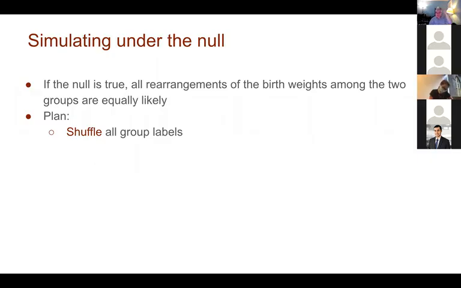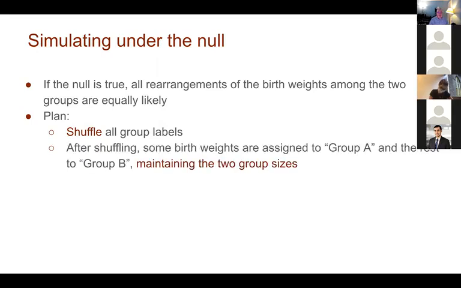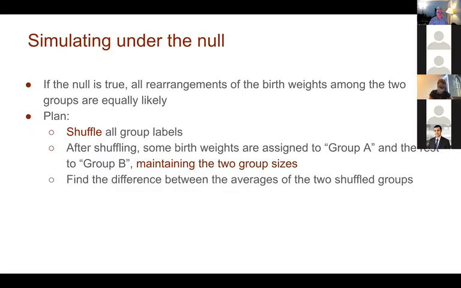Once we shuffle them, we're going to assign the birth weights to group A and group B, but we're going to maintain the group sizes. So we're going to keep the original size of group A and the original size of group B constant, but we're going to reshuffle those labels.